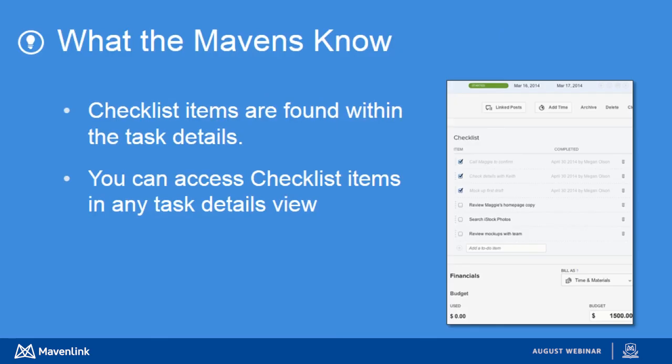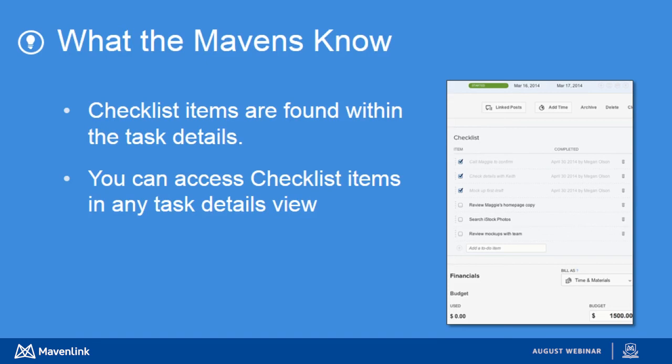Yeah, so you can get started in any task details view. So anytime you can access the task details, you can access your checklist items. So for example, you can find these in your global task tracker, your file tab like we mentioned earlier, and your schedule, just to name a few places. These are going to pop up as your task lightbox. So in your task lightbox, you're able to work these checklist items as well.